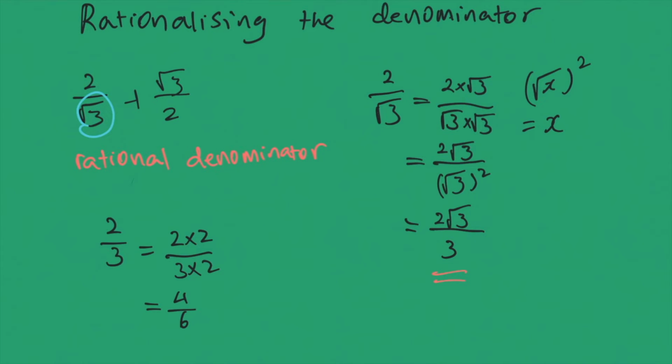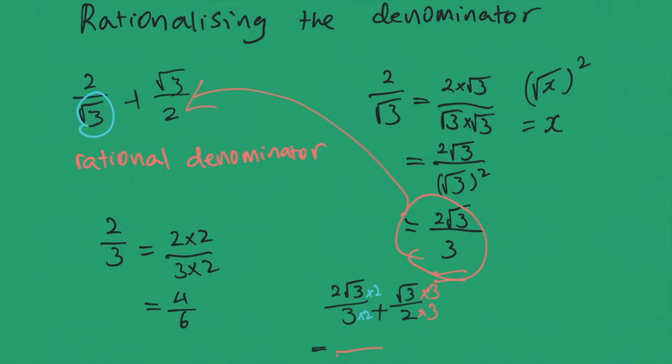Now we can add this expression to square root 3 over 2, which leads us to 2 square root 3 over 3 plus square root 3 over 2. We multiply both the denominator and the numerator by 2, and multiply the numerator and denominator of square root 3 over 2 by 3.